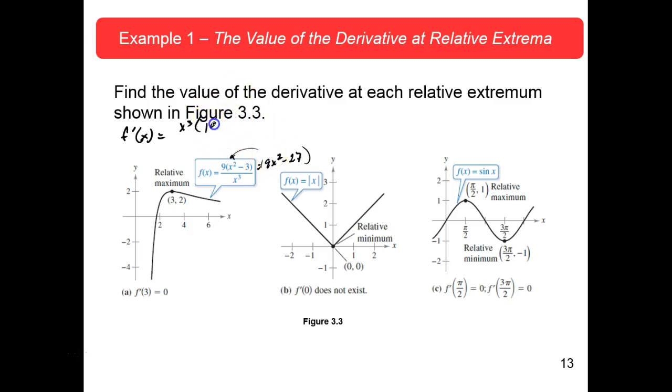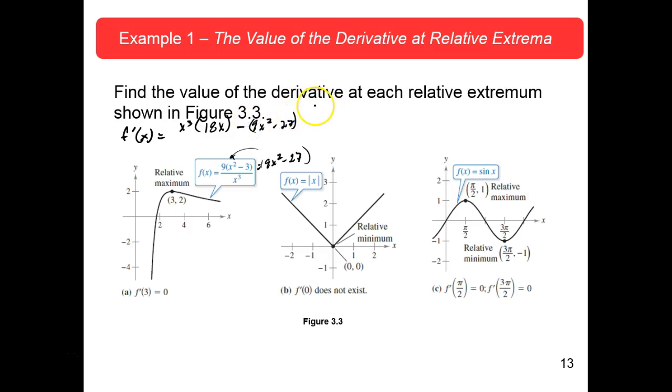18x, is that what you said? Okay, 18x. And what goes next? We did low d high. Minus high d low, which would be your 9x squared minus 27 in parentheses.